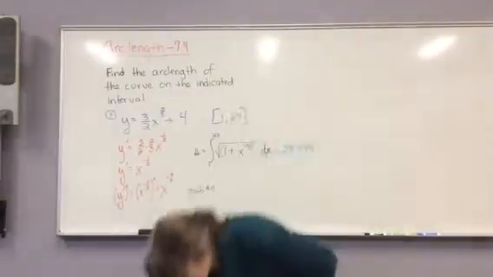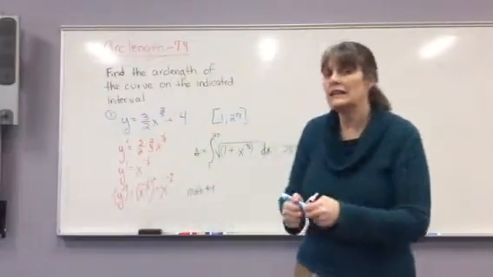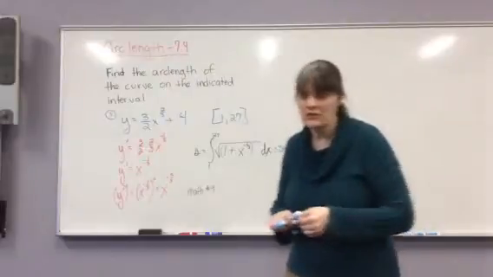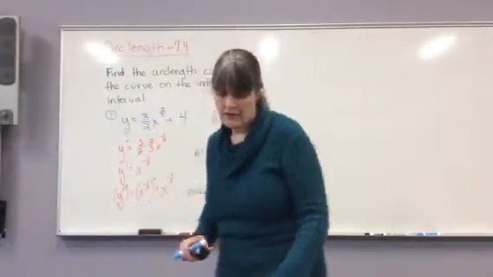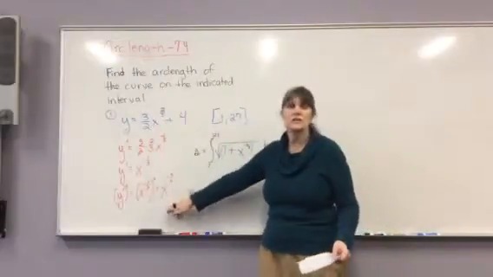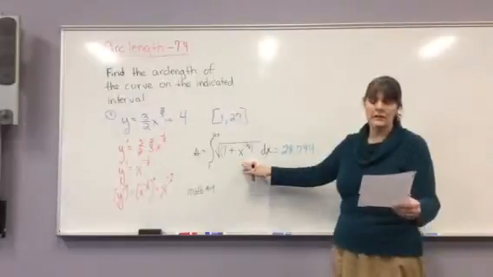Just a reminder that in calculus, if you're using a decimal, it always must be at least 3 decimal places. You don't have to round, it just needs to be 3. So again, we took the derivative, we squared it, and then we plugged it into our formula. Let's try another one.